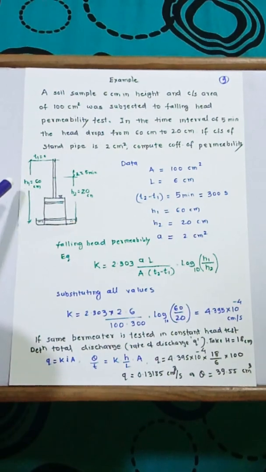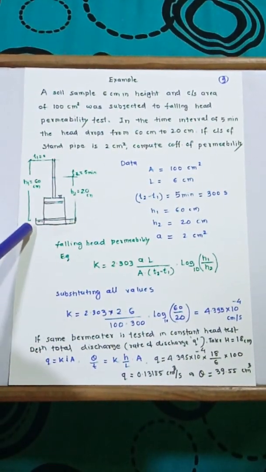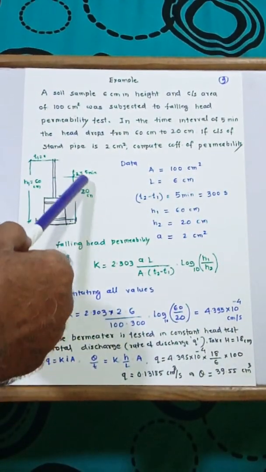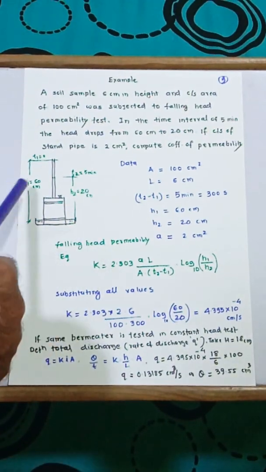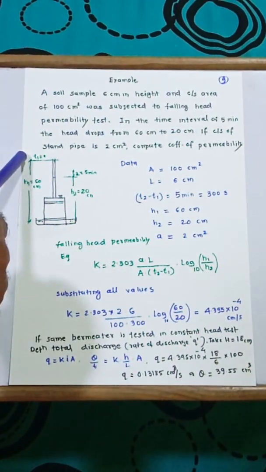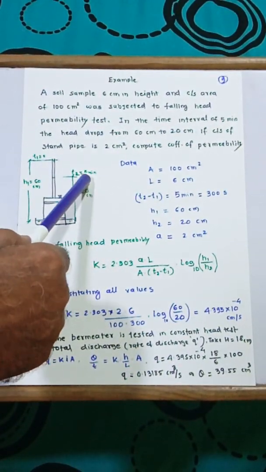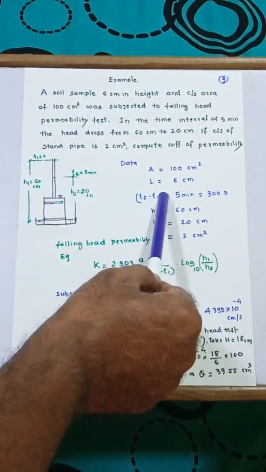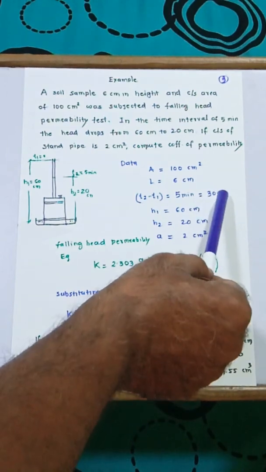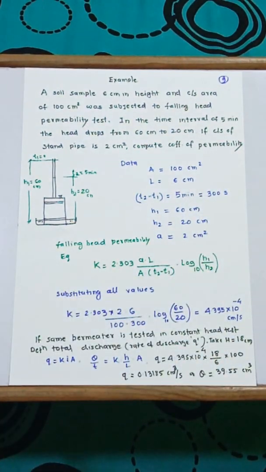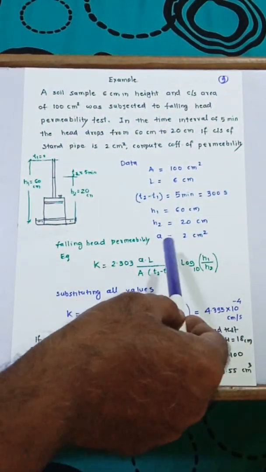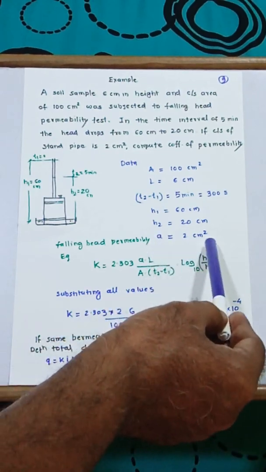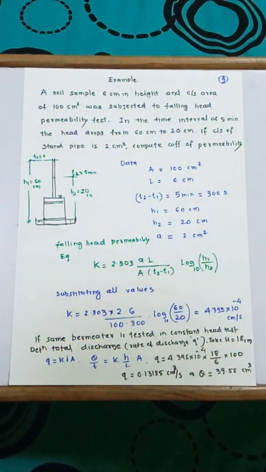The head drop is from 60 centimeter to 20 centimeter, that is H1 and H2. For time required, let us say T1 was 0 and T2 was 5 minutes. So T2 minus T1 is 5 minutes, converted to 300 seconds. The area of standpipe is given as 2 centimeter square.